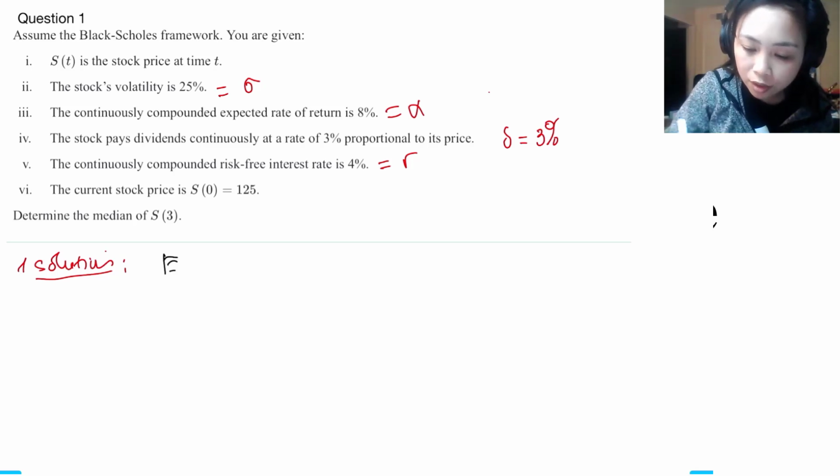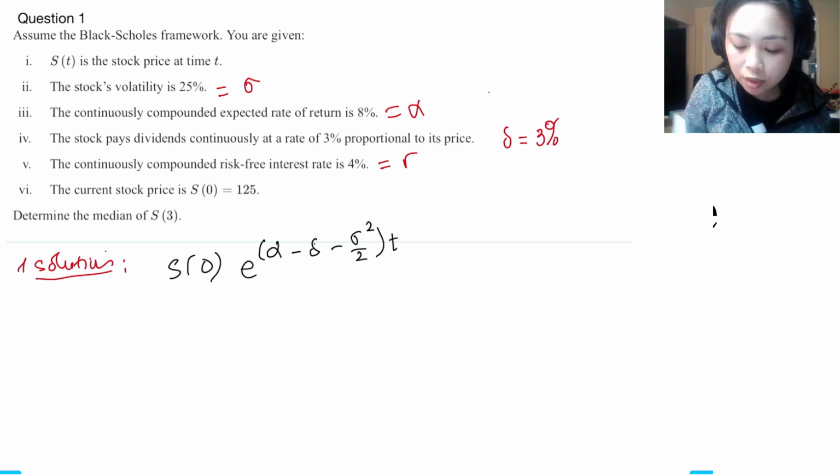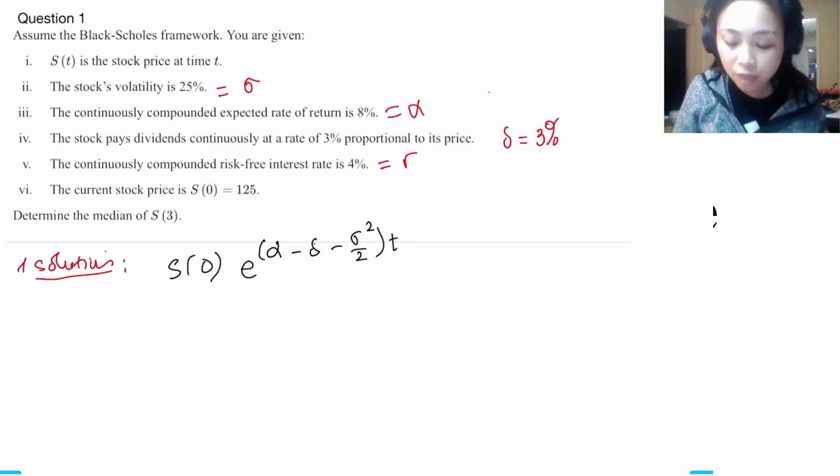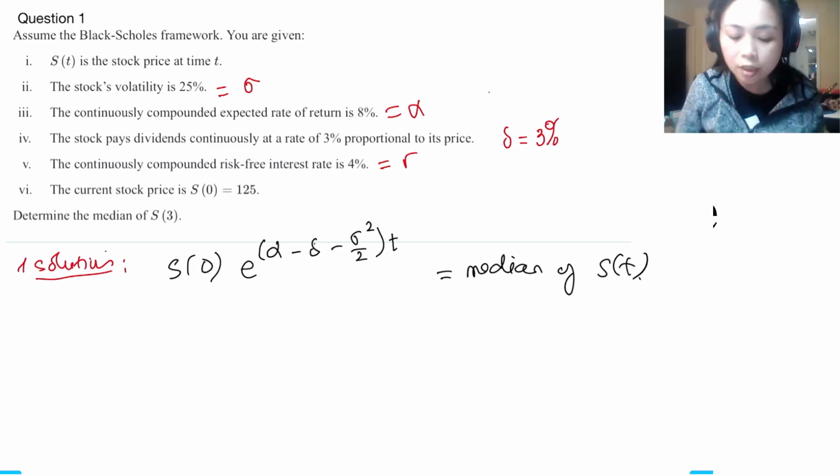The median of S of t is S0 e to the alpha minus delta minus sigma squared over 2, the whole thing times t. This is the median of S of t.